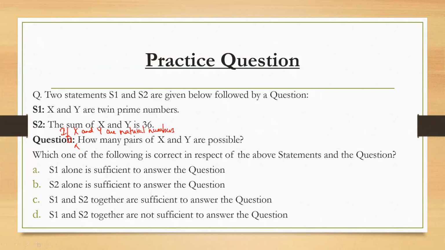Now the rest of the question remains the same. X and y are twin prime numbers. The sum of x and y is 36. Now the question asked is, if x and y are natural numbers, then how many pairs of x and y are possible?